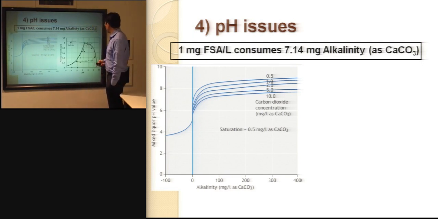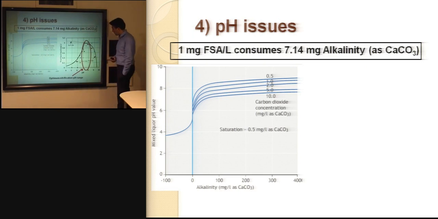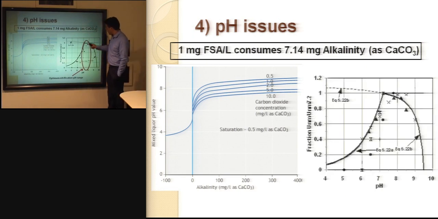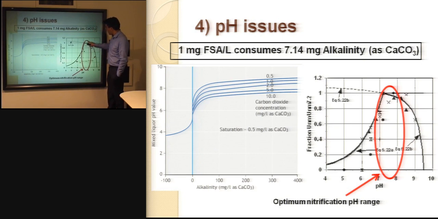If that happens, the problem is that particularly for nitrification, for example, the optimal pH range can be found between 7 and 8. Being nitrification highly sensitive to a pH drop, already if the pH reaches 6.5, we'll have about 60% nitrification capacity compared to the capacity that we could have at a pH of 7 or 7.5.